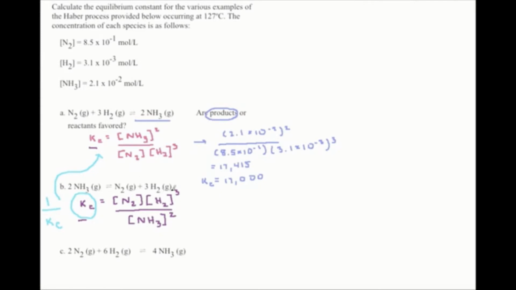So what that tells me is that if I flip a reaction, what you have to do to the equilibrium constant is find the reciprocal of it. You have to flip it as well. So if you flip a reaction, then the equilibrium constant, the Kc, is going to be equal to just the reciprocal.